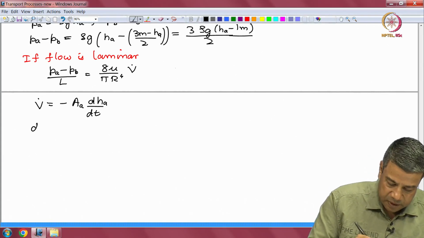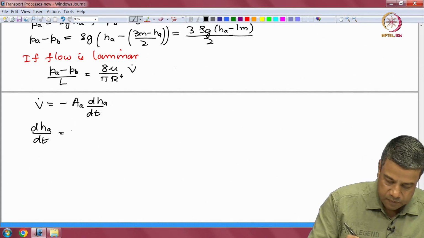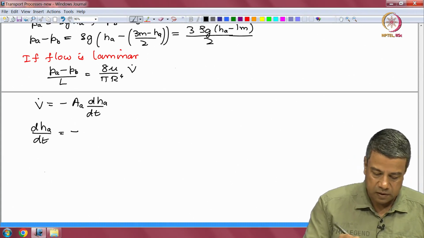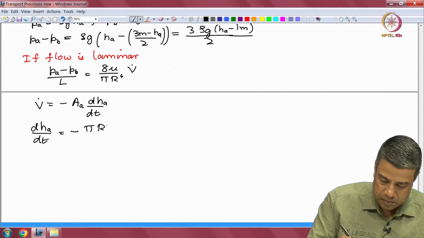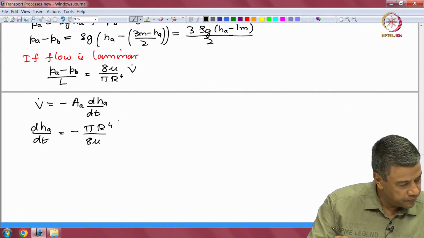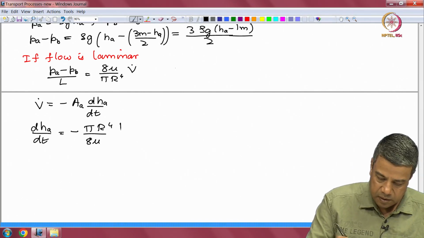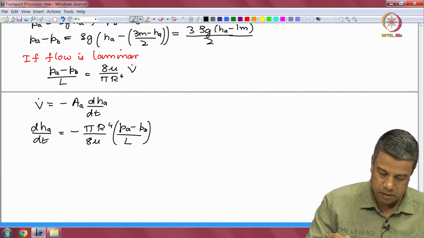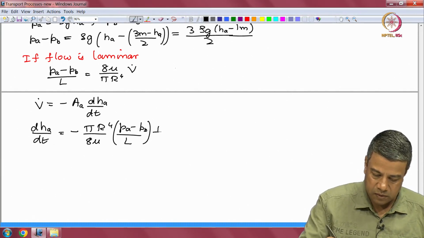Therefore, dHA by dt is equal to minus, I substitute the expression for V dot, pi r power 4 by 8 mu into Pa minus Pb by L into 1 over AA.